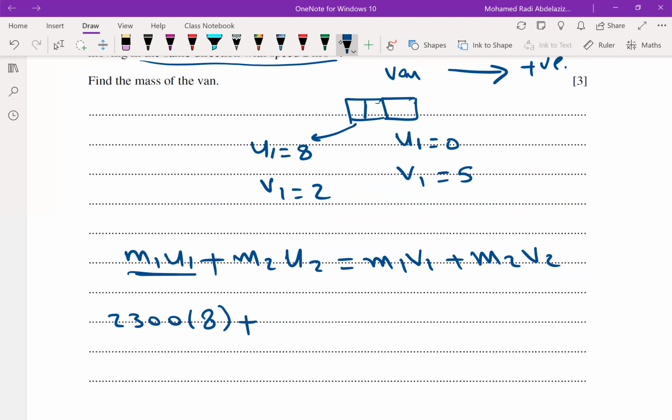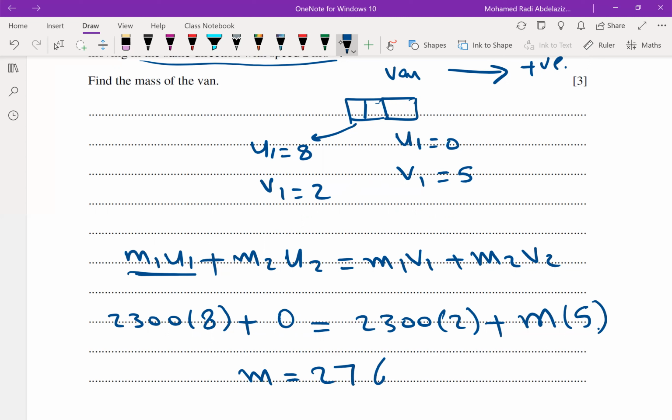Mass 2 is not given, but its initial velocity is 0, it was stationary. So 2300 times 8 plus M2 times 0 equals 2300 times velocity of the system, plus mass 2 times velocity of van 5. You can solve this equation to get the mass of the van will be 2760 kilogram. That's it. Thank you.